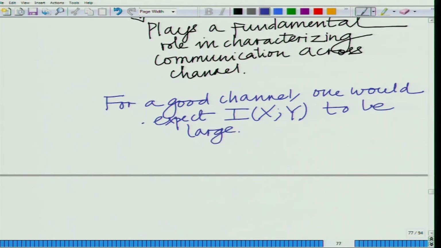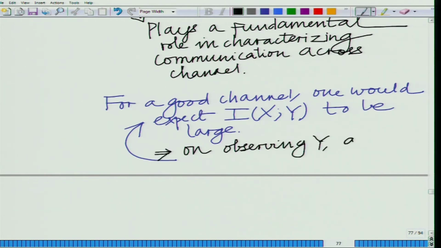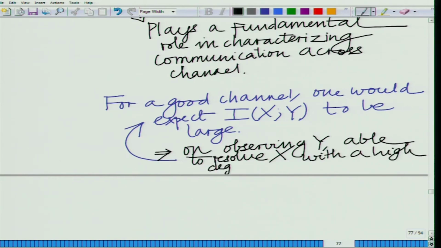That is, on observing Y, one should be able to resolve X with a high degree of accuracy, or with a high degree of reliability.